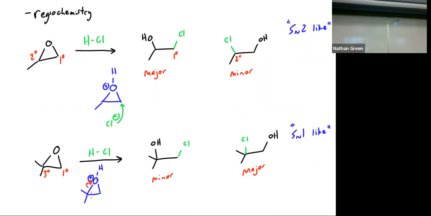In the top reaction, it's sterics. Both carbons are neutral. Which one can the chlorine get to more easily? It's going to attack that one. In the bottom one, one of those carbons has a real partial positive charge to it. You can think of it as like break the bond, then it attacks. That's not really what happens, but it's close enough. So sterically controlled.